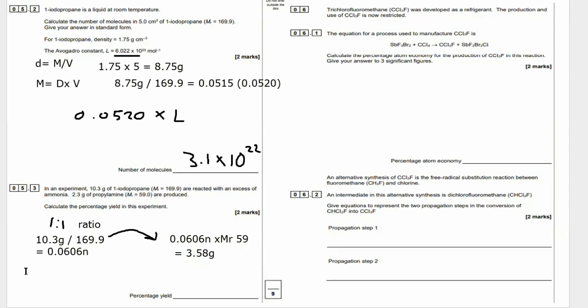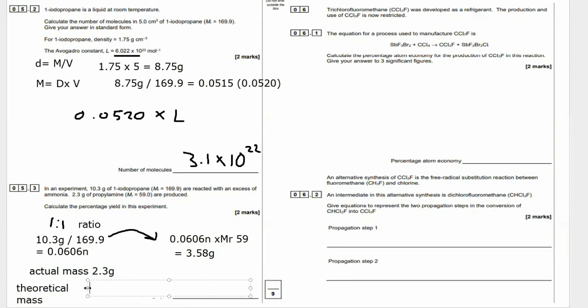How much did we actually achieve? So we're going to do actual mass, which was 2.3 grams. And we want to put that over our theoretical mass, excuse my spelling, because that is spelt very badly.